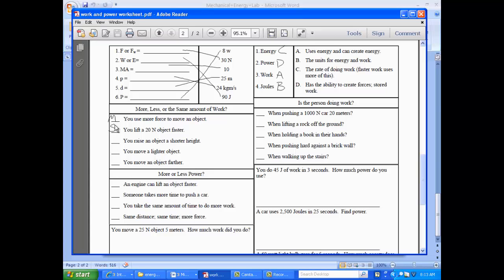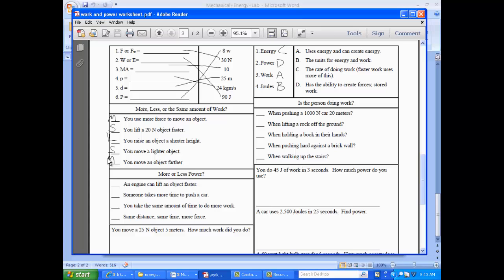Yeah, less work. Good. You move a lighter object. Does this have anything to do with mass? Same. You move an object farther. You're changing distance, you're increasing it, so it's more. Okay?